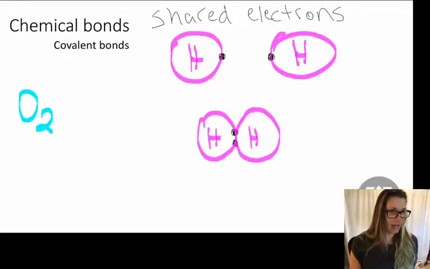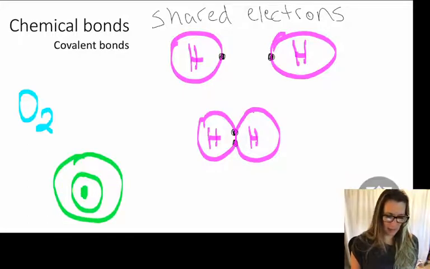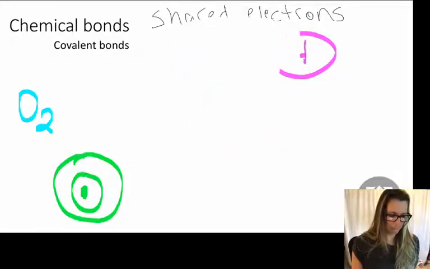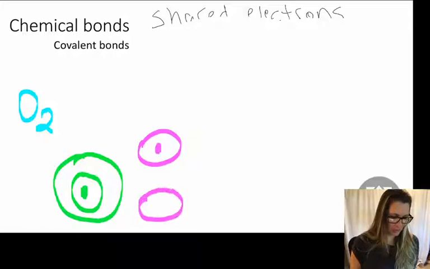So if we have, let's see, should I draw? Let's see. Here's your oxygen. And then get rid of those hydrogens so that we don't get mixed up. And then here are hydrogens. And we know, I'm sure you guys are really familiar with the structure of oxygen.